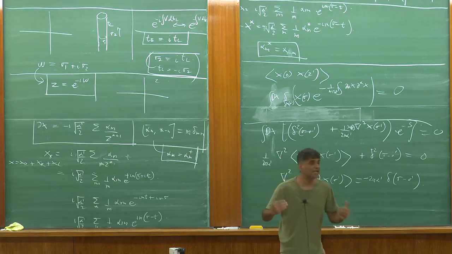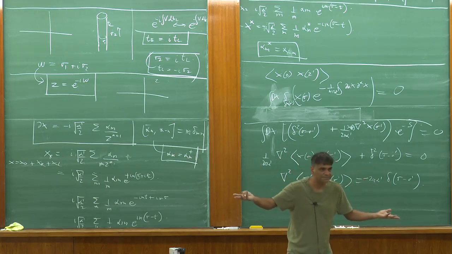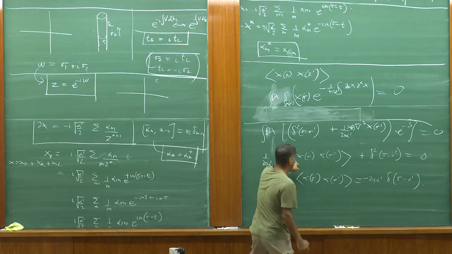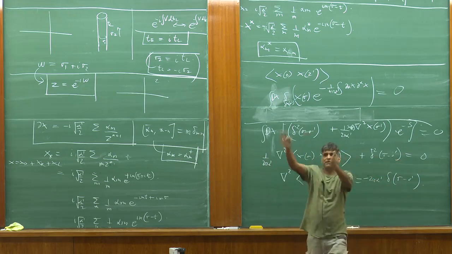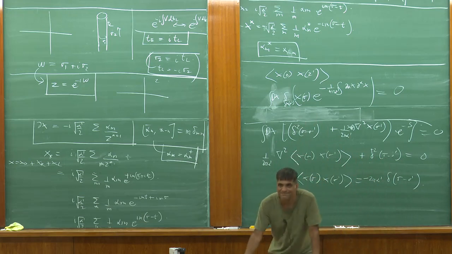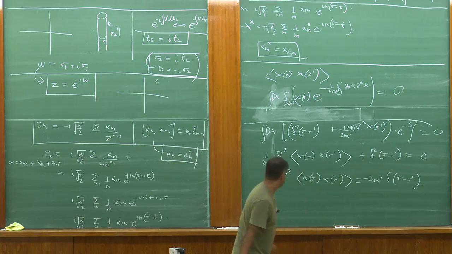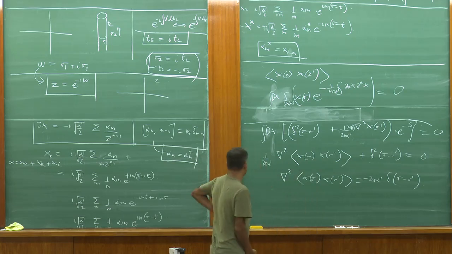So I've divided both sides by path integral of 1, because that's how we normally define expectation values. Here it was delta sigma minus sigma prime times path integral of 1 divided by path integral of 1. So it was just 1. Is this clear?